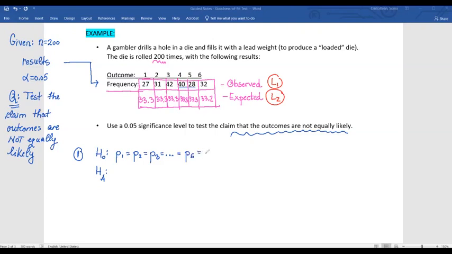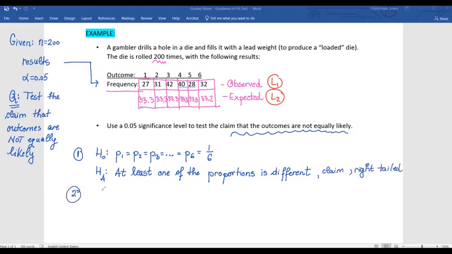So these are equally likely, and that will be 1 over 6. And for H sub A, we will say at least one of these proportions or probabilities is different. So this is a right-tailed test, and the claim is H sub A. So that will be the claim, and this is always a right-tailed test.